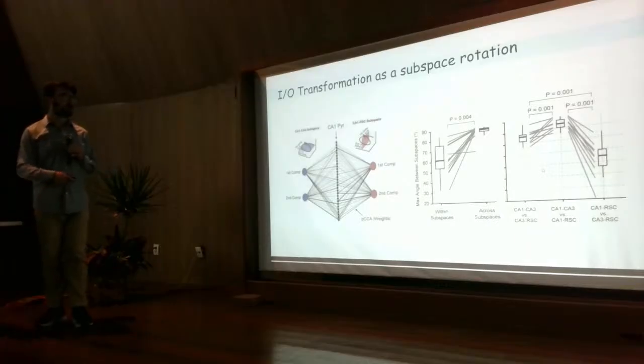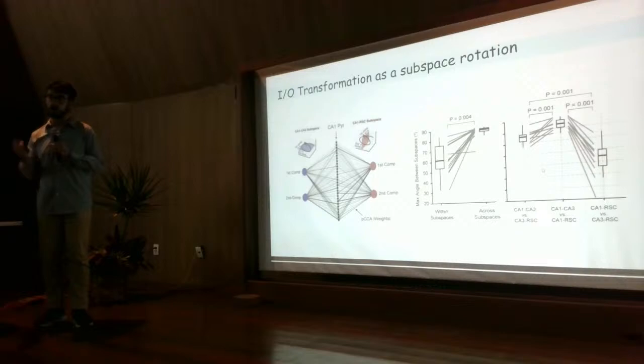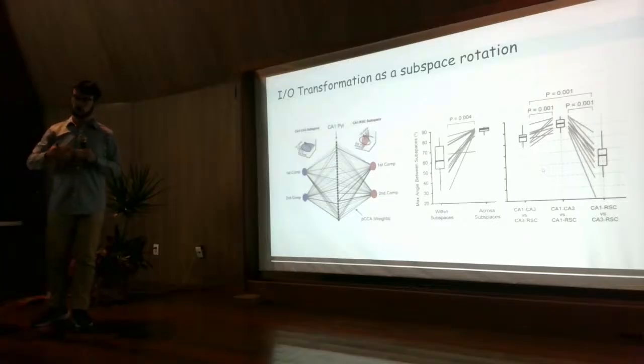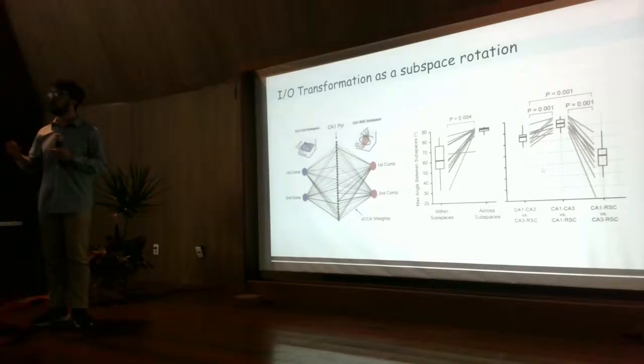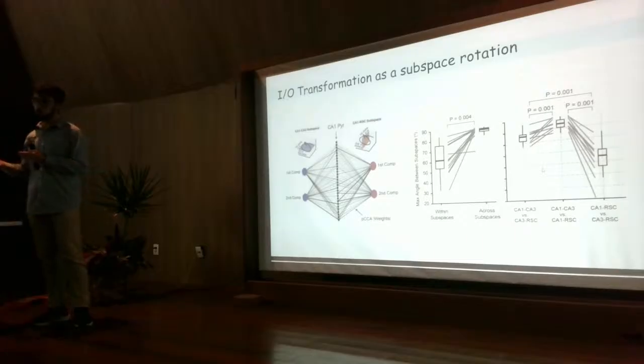What we find is that CA1 is the region that is more able to rotate one subspace with another, meaning that representations are more orthogonal in CA1 compared to the other regions. If representations can be more orthogonal between each other, it means that the dimensionality of the CA1 code is larger compared to these other codes.